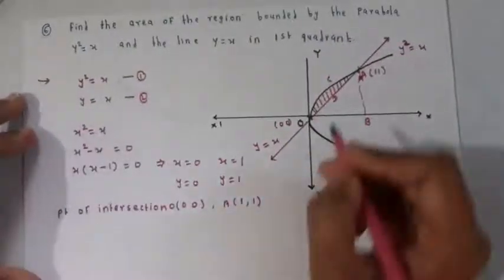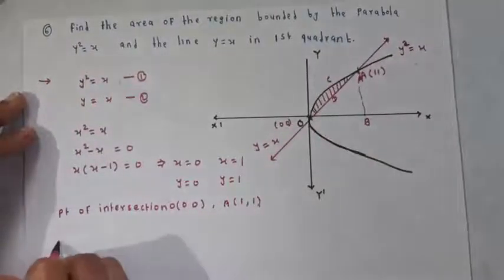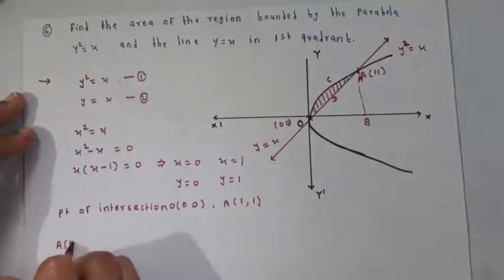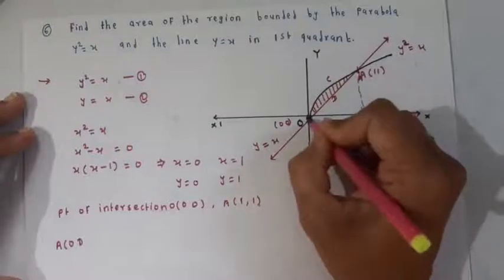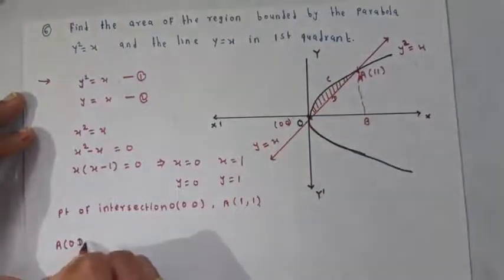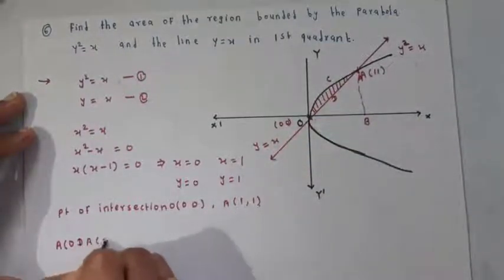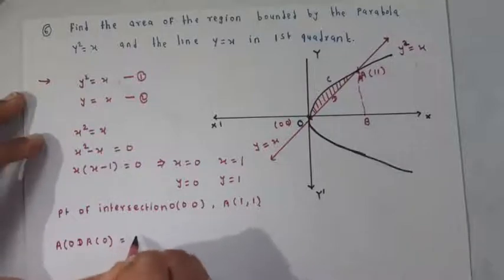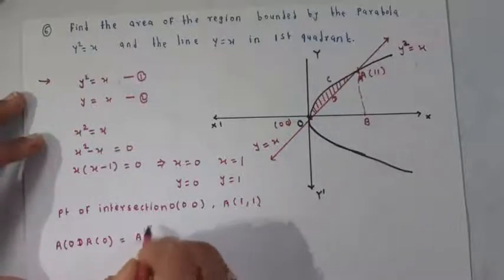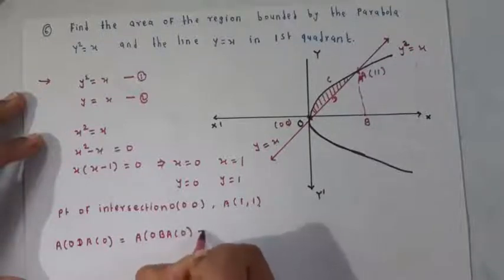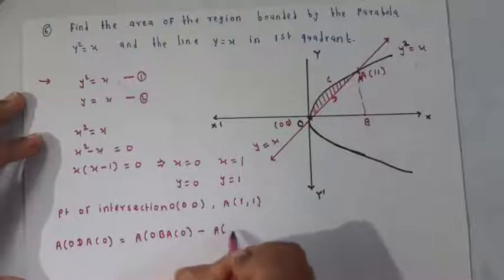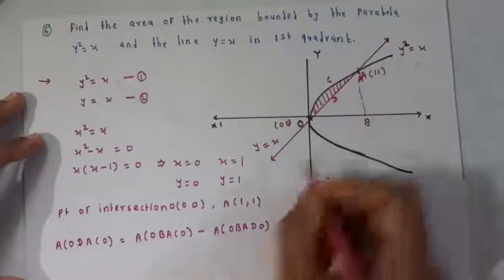Hence the required area ODACO equals area OBACO minus area OBADO.